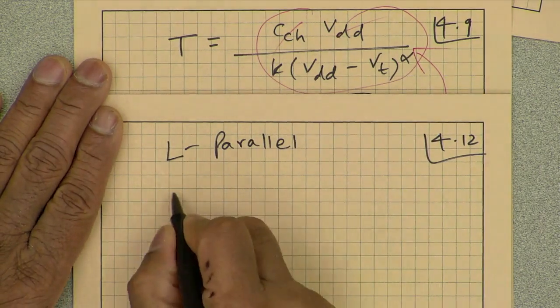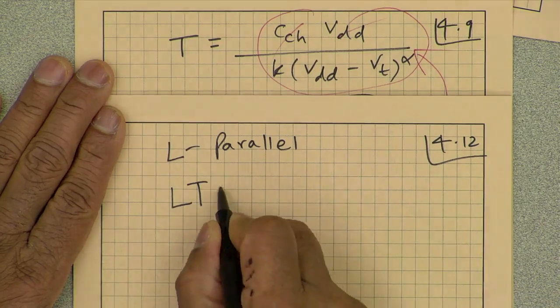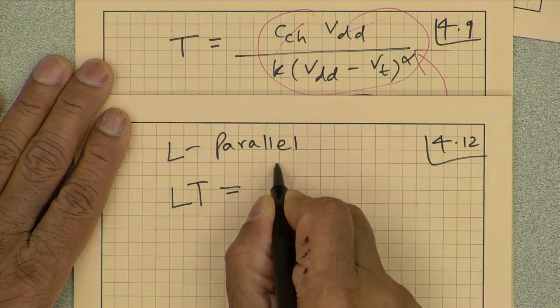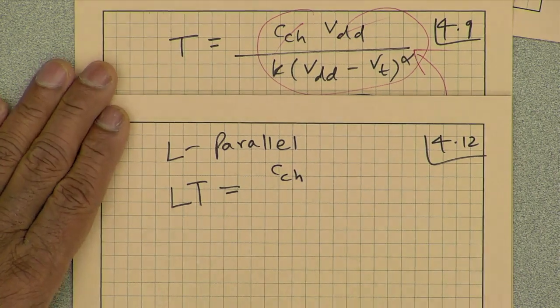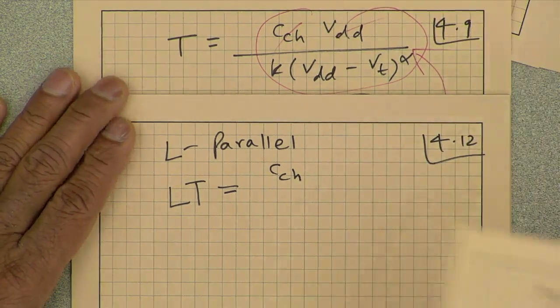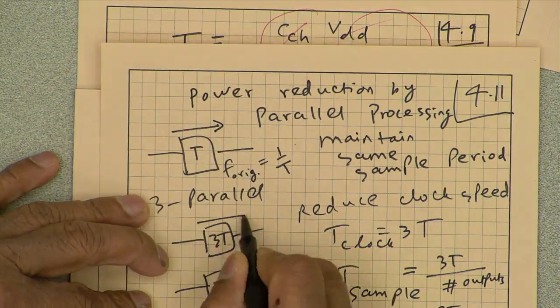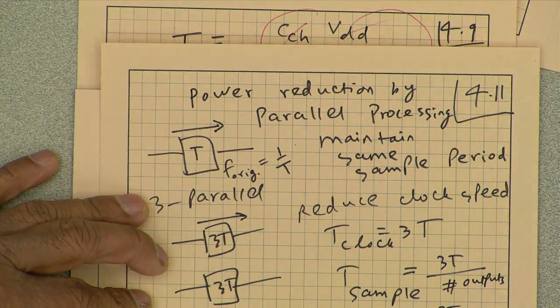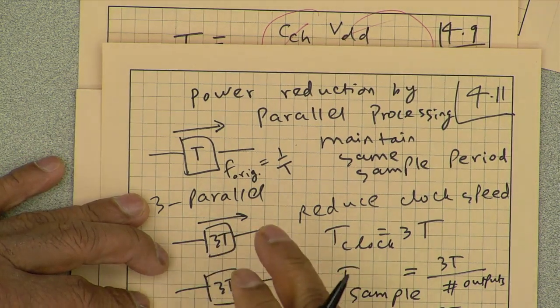Now we have L times T, or if you want to think about 3T for L equal to 3. Now, has the charging capacitance changed or not changed? If this total charging capacitance was C, has the charging capacitance in the parallel case changed? Not changed. Unlike the pipelining, where it came down.